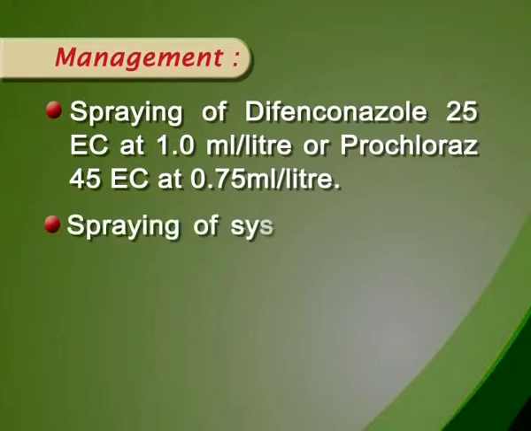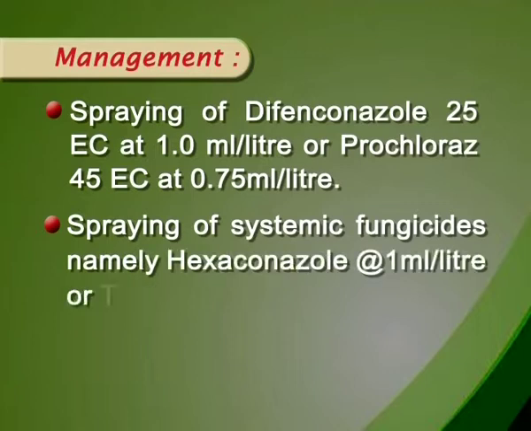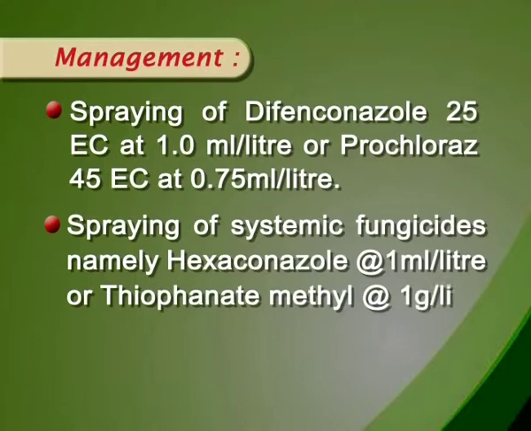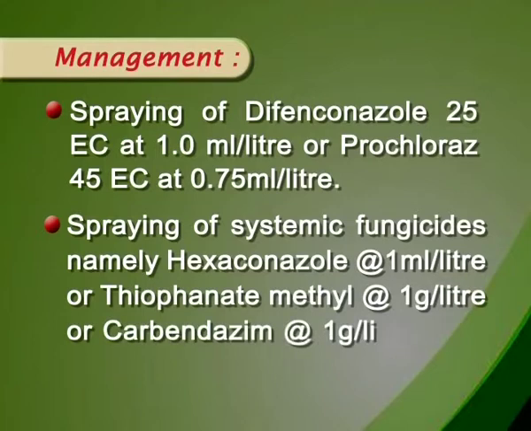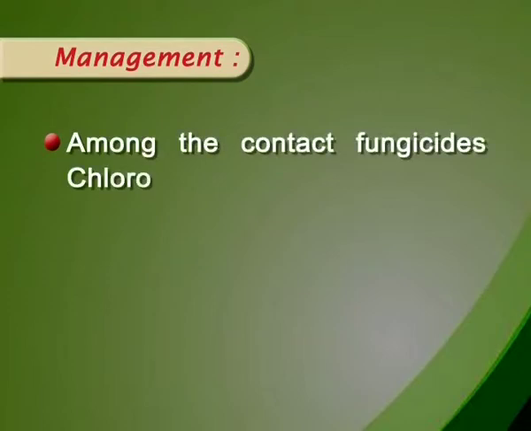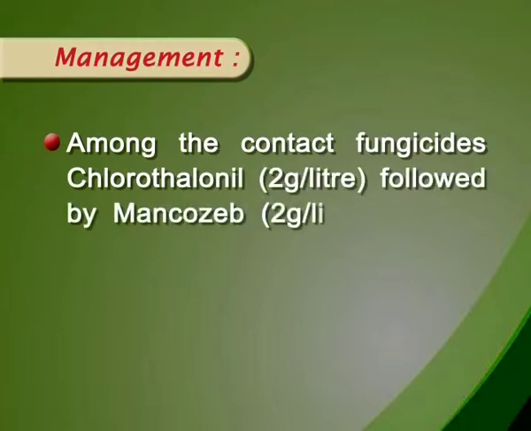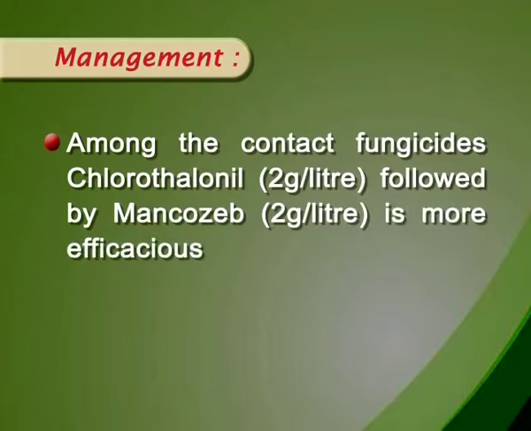Spraying of systemic fungicides, namely hexaconazole at the rate of 1 ml per liter or thiophanate methyl at 1 gram per liter or carbendazim at 1 gram per liter at 20 days interval is quite effective. Among the contact fungicides, chlorothalonil at 2 gram per liter followed by mancozeb at 2 gram per liter is more efficacious. This is about the management of the disease.